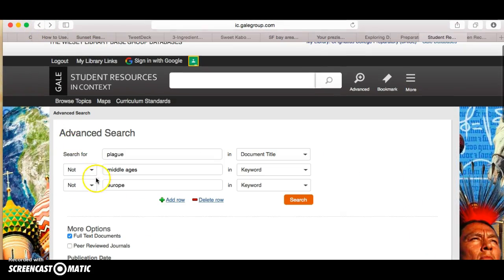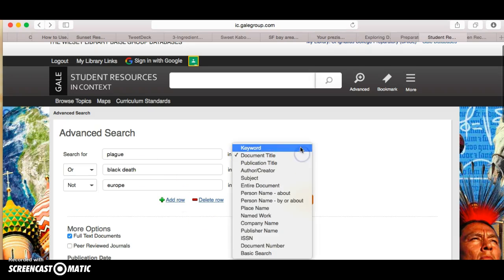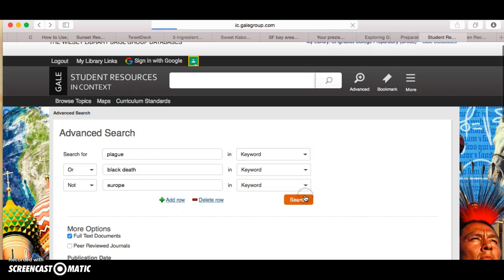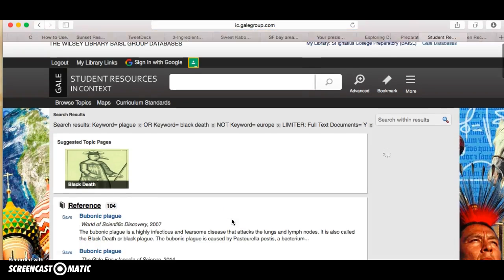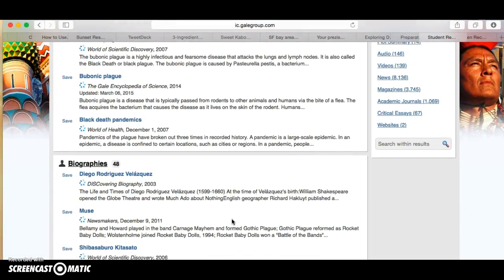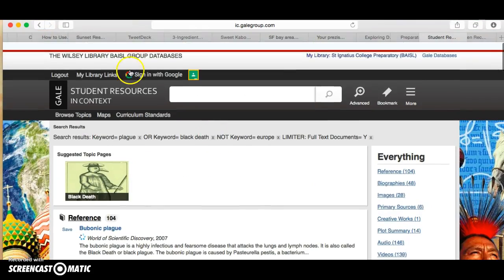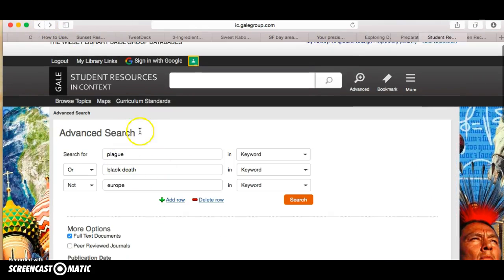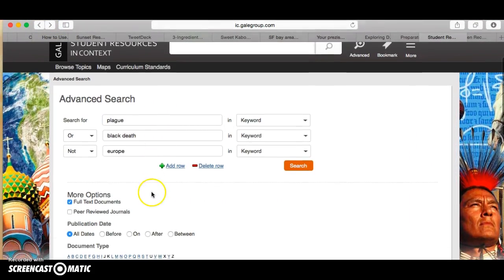So as you start playing around with your advanced searches and, or, not, you might have plague or Black Death, not in Europe. And then you get some more things. You've got some strategies for getting more focused searches.